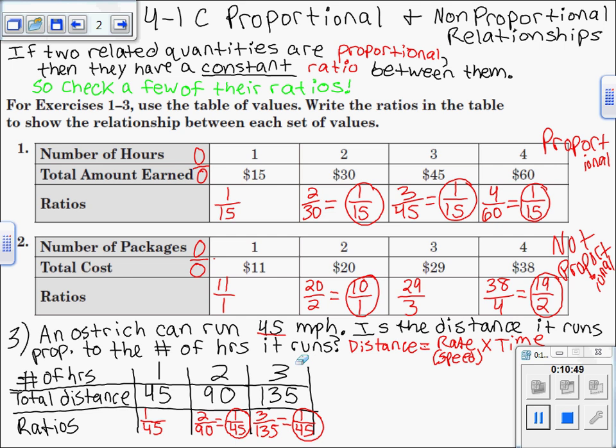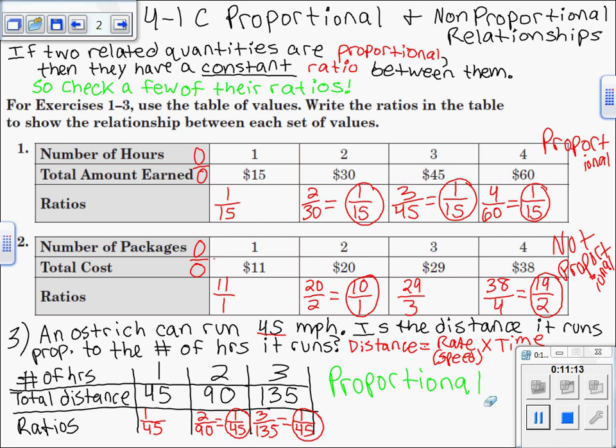So because that ratio was constant the entire time, this situation is proportional, which means we can predict with accuracy anything we want, whether it be hours, distance, anything we want using a proportion. And we do have videos on how to solve proportions. But for now, we're just talking about, is it proportional to begin with?